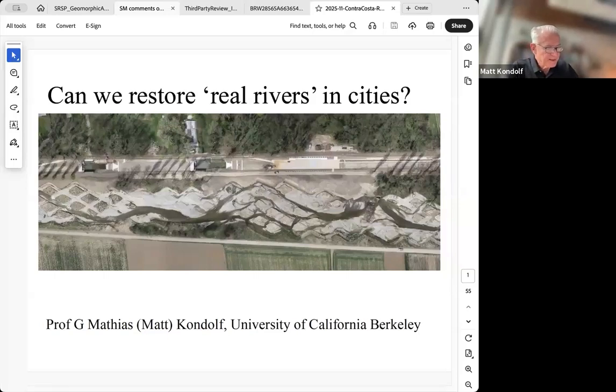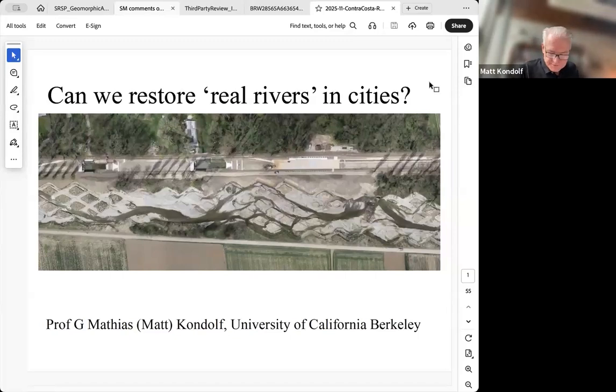And that's a reality to be recognized and accounted for. But I don't think it means that we just get out of the game. I think we need to be clever and look for opportunities to go ahead and try to do what we can, restore where we can.